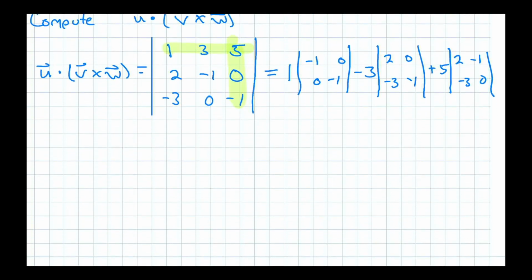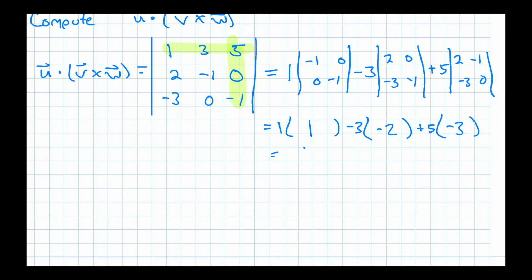So we just calculate this out. We have 1 parentheses: -1 times 1 is -1, minus 0, so that gives 1 after the sign. Then minus 3 parentheses: 2 times -1 is -2, minus 0 again. We love zeros in these. Plus 5 parentheses: 2 times 0 is 0, 0 minus 3 is -3.